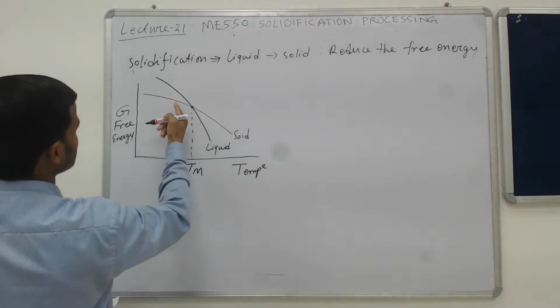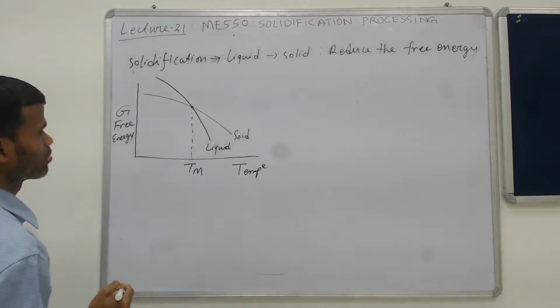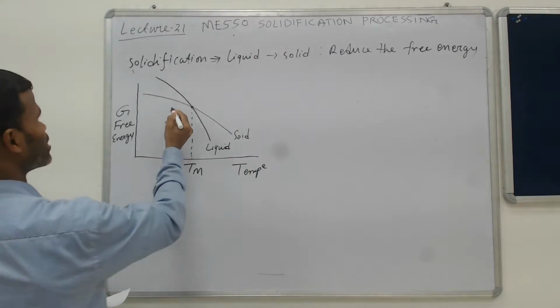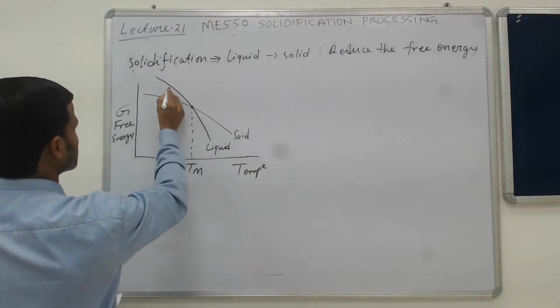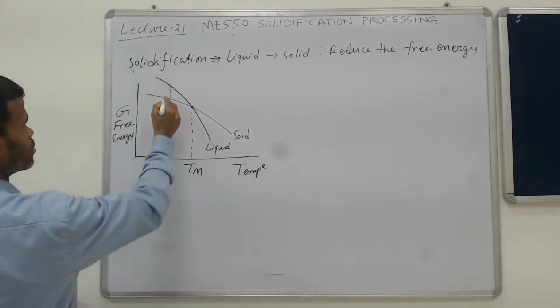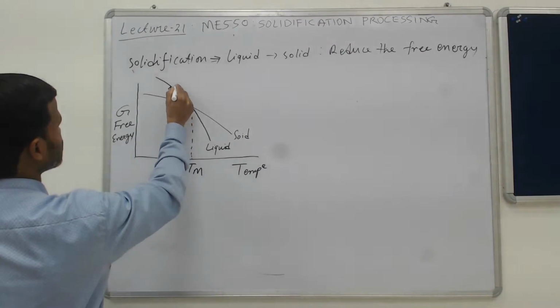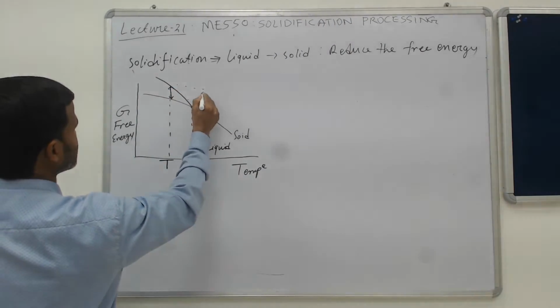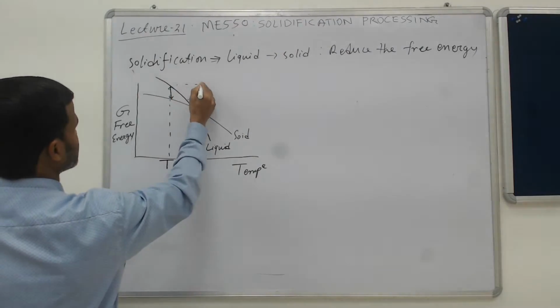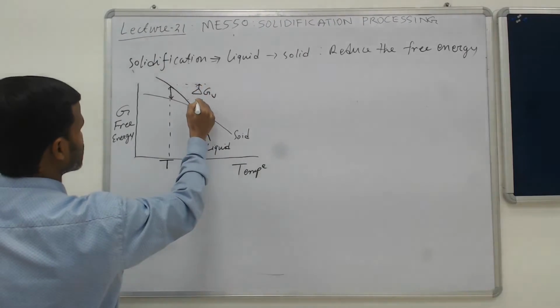The liquid will try to convert into a solid, and the solid has lower free energy. Suppose the transformation is taking place at this temperature T. This drop is the amount of drop in the free energy that we call delta G, the volumetric free energy.